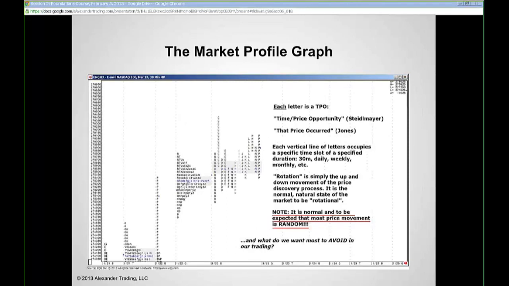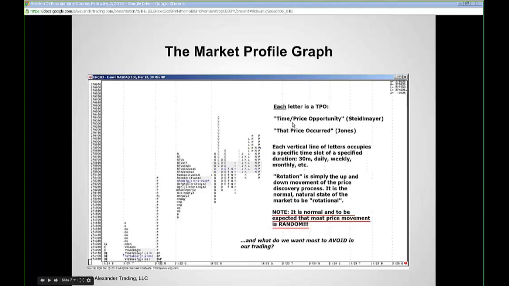Okay, I'm not going to get into a lot of the detail minutia of the profile graph, except to cover the basics. These letters are TPOs, and what TPO stood for, according to Stettlemyre, was time price opportunity.